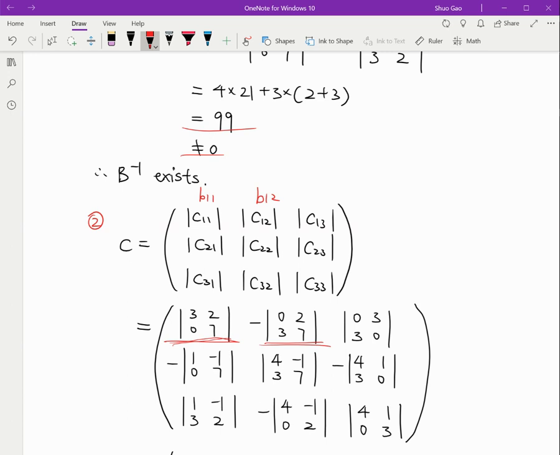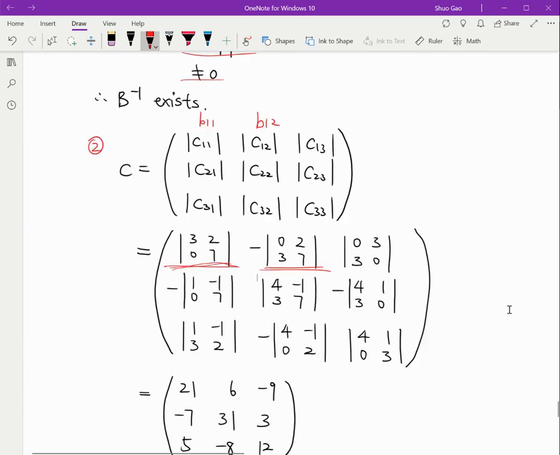Right. And we can do that one by one for all the 9 elements, and then write down the C matrix here. So this huge matrix is the cofactor matrix that we need to calculate. For all the 9 elements, each of them will have a cofactor with or without a negative sign.